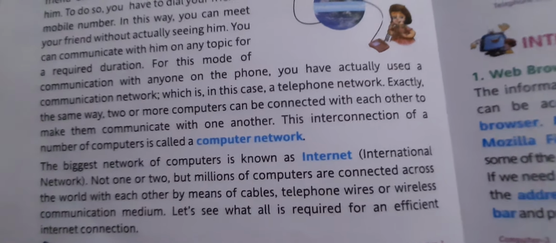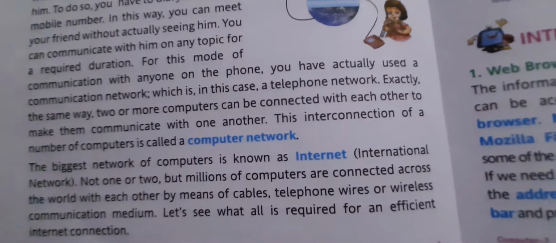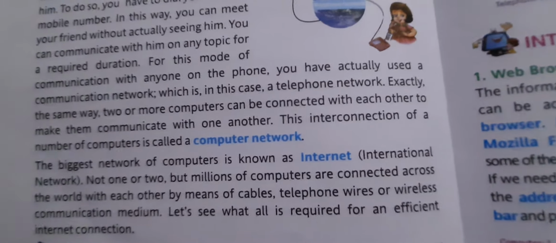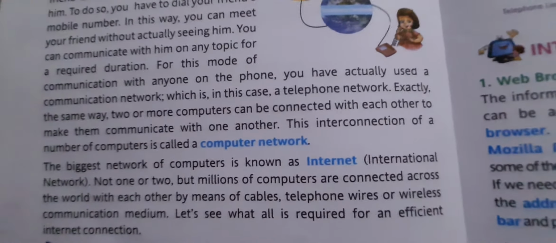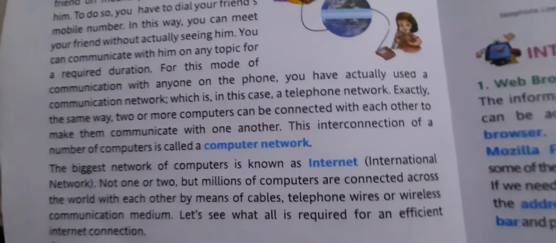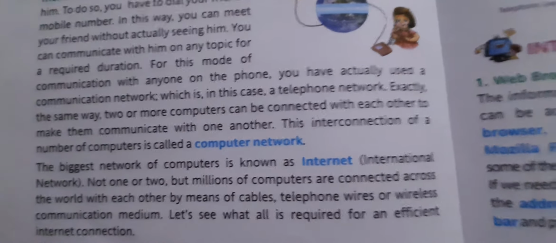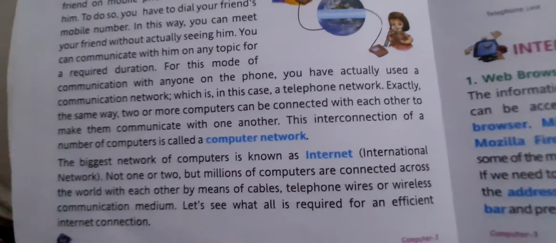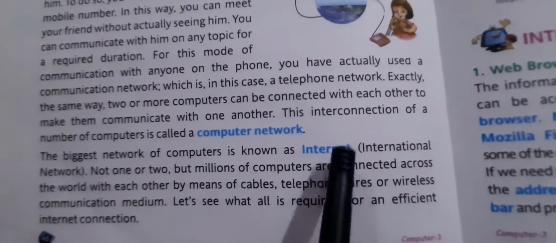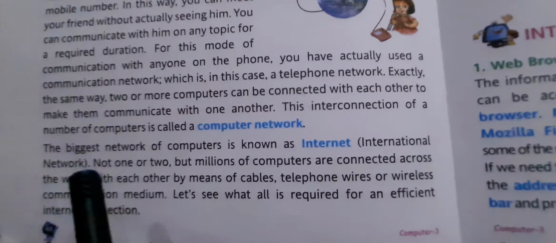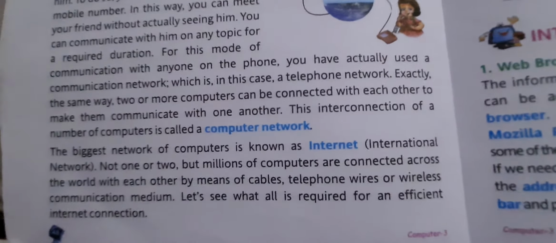But here we are talking about the internet, and that is an international network, means the network which is not just limited to a city or area or one country, but is spanning across all the nations, all the countries of the world. So that is why it is called internet or international network. The short form of international network is internet.